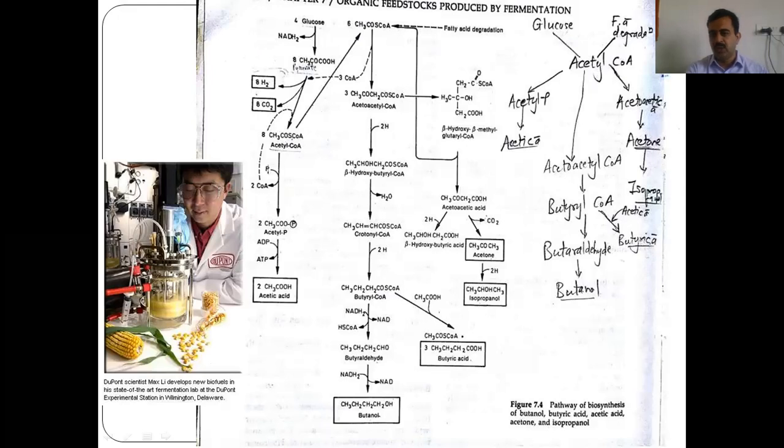Now, this acetyl coenzyme A gets converted to acetoacetyl coenzyme A, butyryl coenzyme A, butyraldehyde, and ultimately butanol. So these are the reactions right from fatty acid degradation to the production of butanol and acetone. So acetone is also produced by this particular pathway.